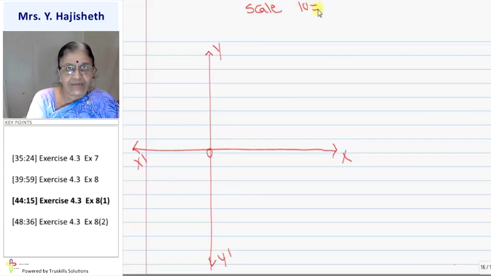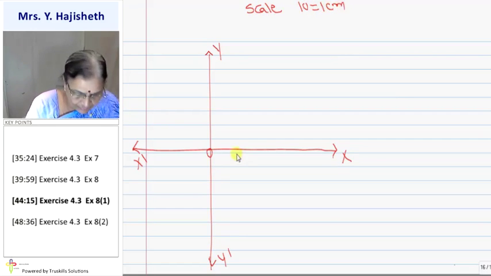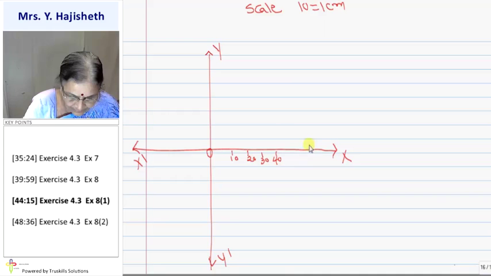ऊपर मैंने स्केल लिया, 10 इज 1 सेंटीमीटर। ओके, चलो तो अभी मैं लिखती हूँ इधर 10, फिर 20, 30, 40, फिर 50 and 60.